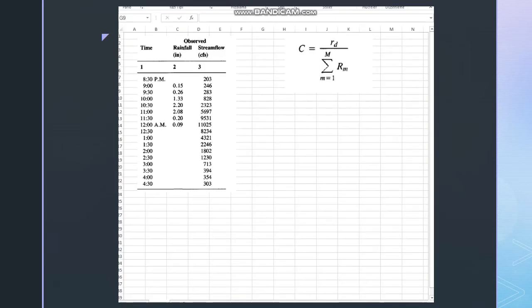In this question, we are using the previous table again. For the previous question, we know that RD, the depth of direct runoff, was 4.8 inch, right?